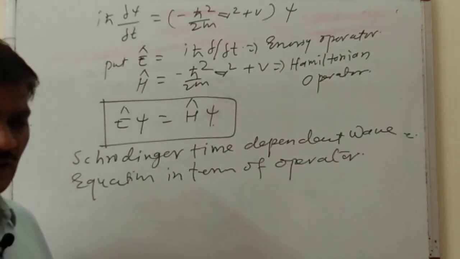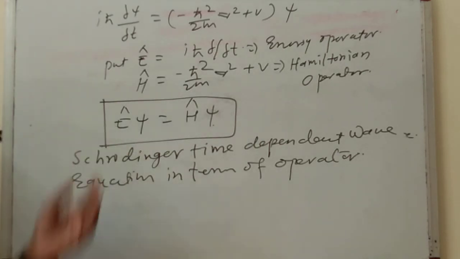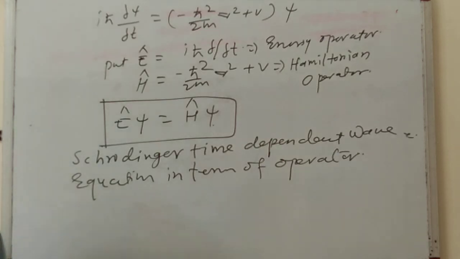Keep in mind that E is the energy operator and H is the Hamiltonian operator. The value of E is iħ ∂/∂t. The value of the Hamiltonian operator, capital H, is minus ħ² over 2m ∇² plus V. Here V is the potential energy. Today we stop here. Thank you.